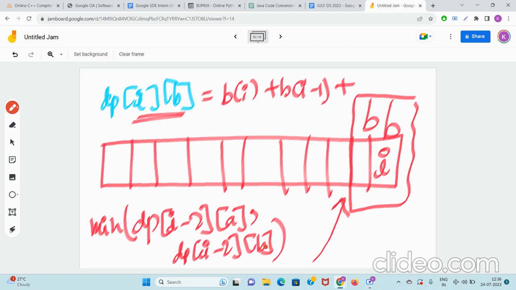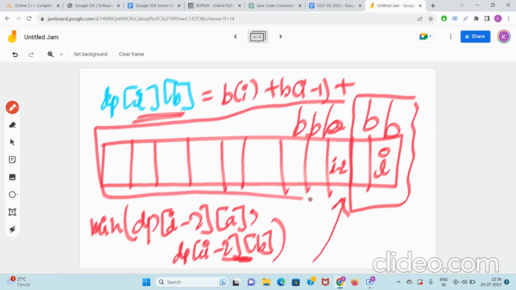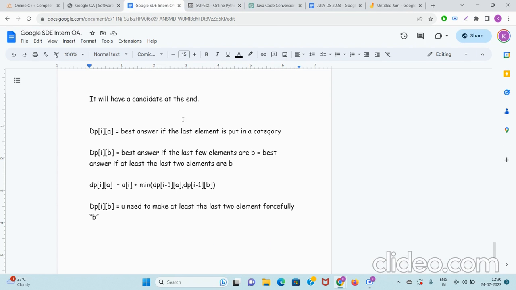Either you choose a, the best answer for I minus 2 index such that it ends with a, then a will start coming from here, or the best answer for I minus 2 such that b is coming, so more b's will come here. So it might happen that this was the best answer, such that 2 b's you take and 3 b's from the past, total 5 b's, and then a starts coming. So these are the two options: dp[I-2][a] or dp[I-2][b].